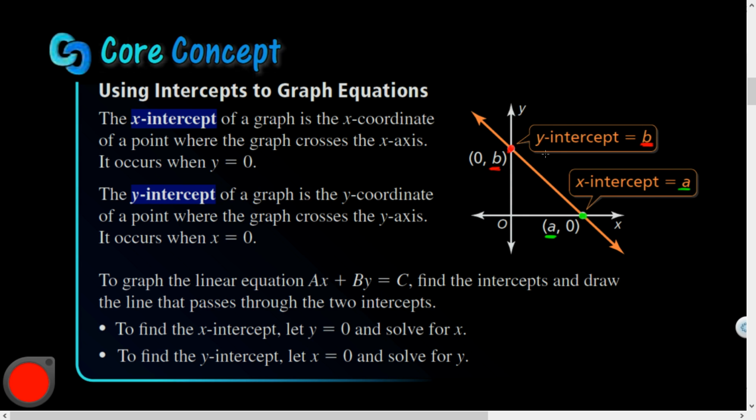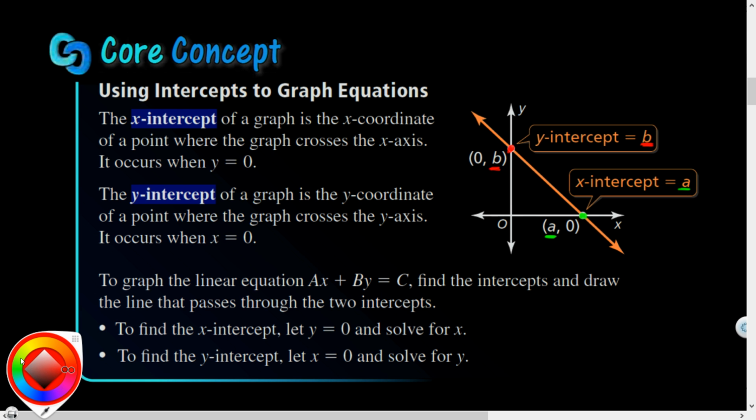Now, I want to point out that an x-intercept will always occur when the y-coordinate is 0. Think about all of the points on the x-axis. Every point on the x-axis has a y-coordinate of 0. Here's 0, 0.